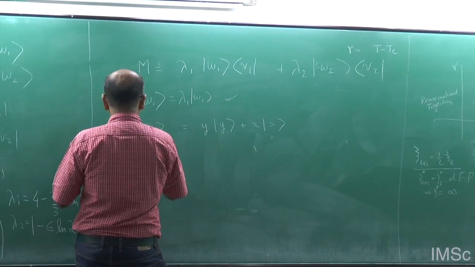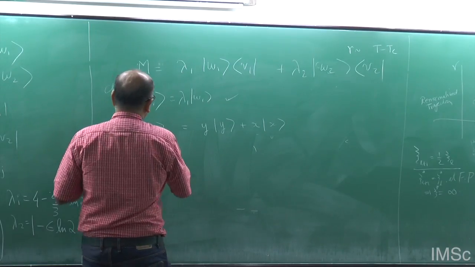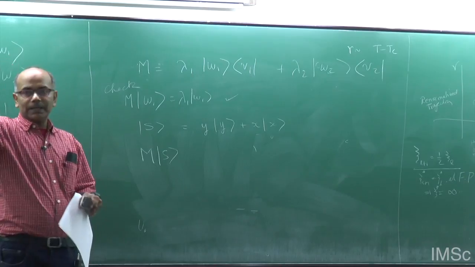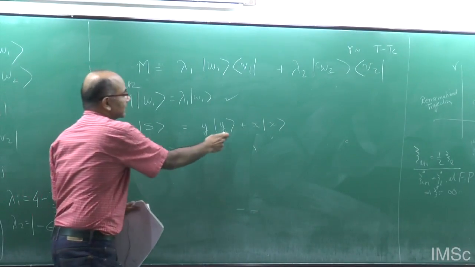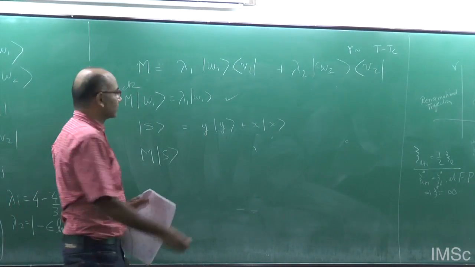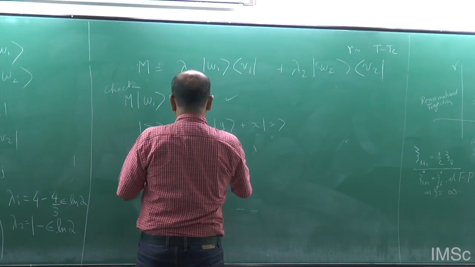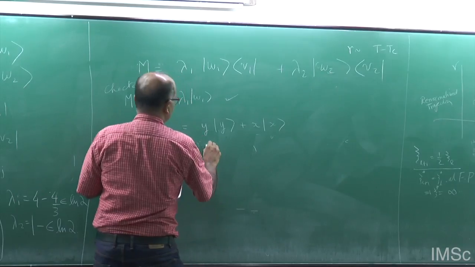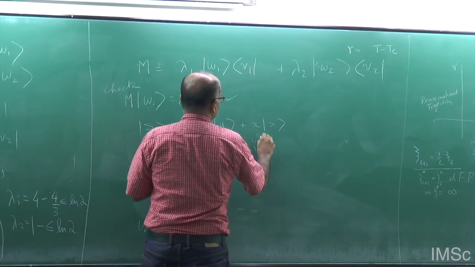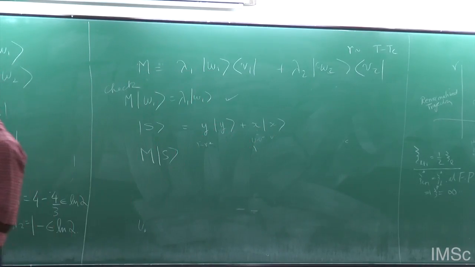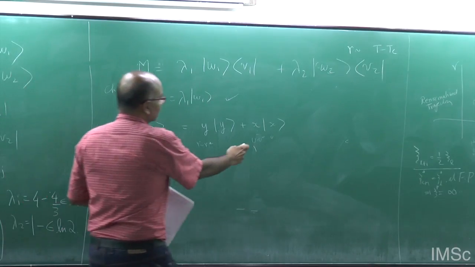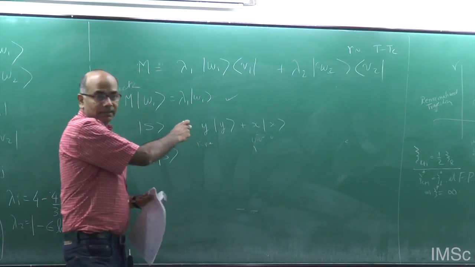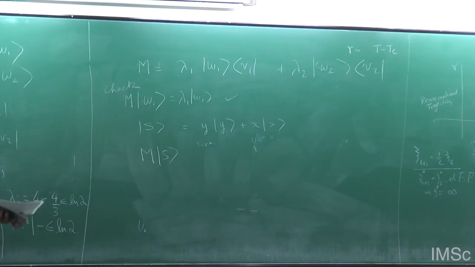So M acts on this, because when you pick a Hamiltonian, you will be given things in this basis. So this will be your R minus R star, and this will be your U minus U star. I think x was for U, right? Yes. So this will be U minus U star, and this will be R minus R star. That's the information you'll be given. And you have to work with this matrix.